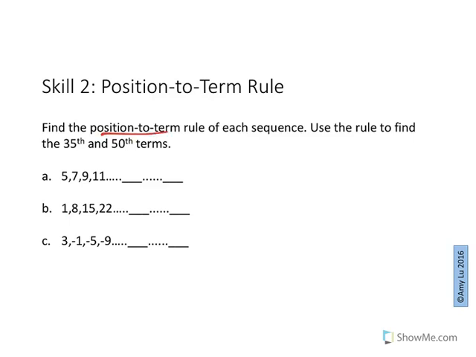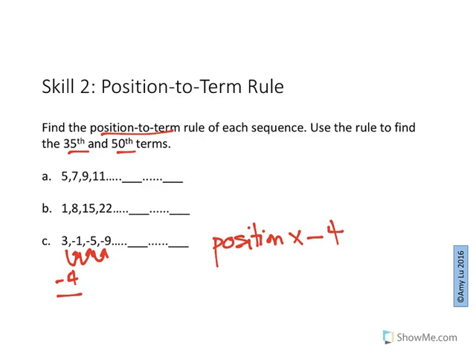Now for the last one, term to term, if you notice, it is subtracting by 4. So we're subtracting 4 each time. So we have to take our position and multiply it by -4. Because you always multiply in the first part of the position to term rule.